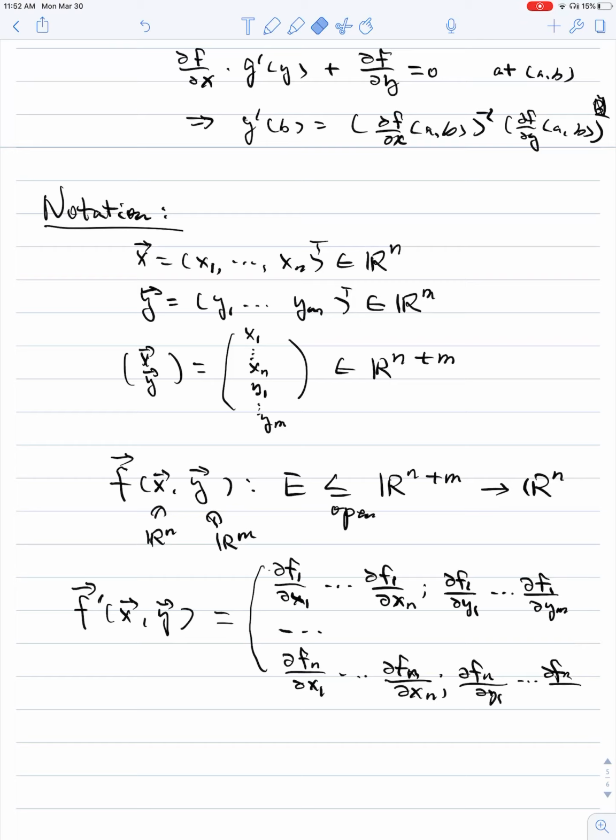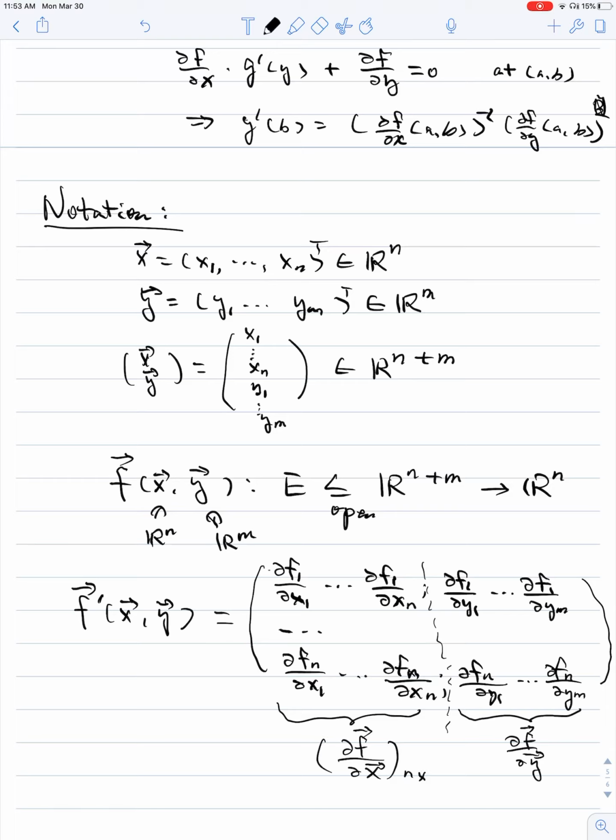So this first n columns we will call df/dx, and then the last m columns we will call df/dy. Therefore, this total derivative matrix decomposes into the first matrix, which is n by n, and this second matrix, which is n by m.